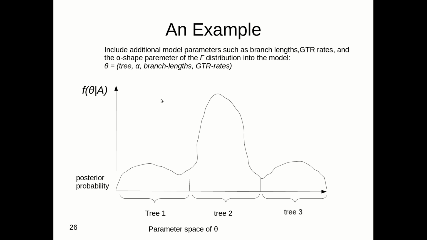So now the posterior probability distribution would look something like that. This is our probability density function of theta conditional on the alignment. On the x-axis we have the parameter space of theta, and here we would have some sort of continuous distribution like that. So tree 1, tree 2, and then tree 3.